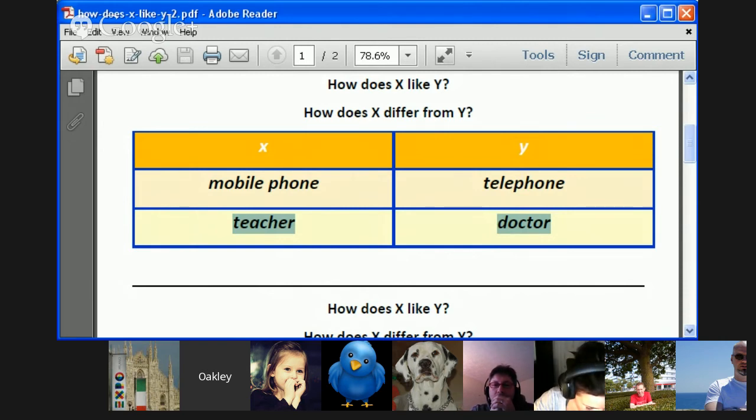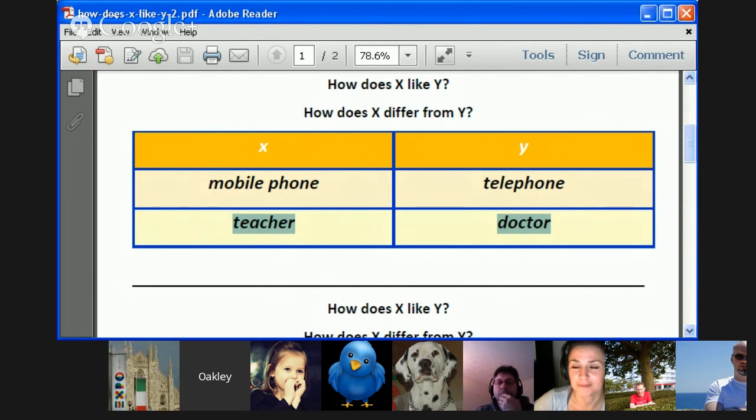Teacher, I forget the word. Okay. What does the doctor do?